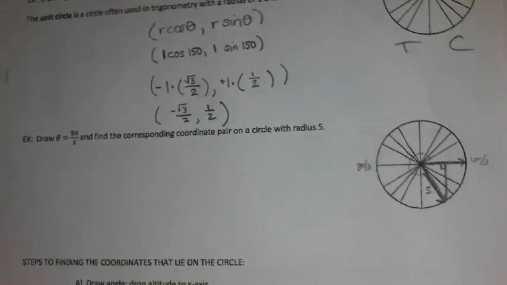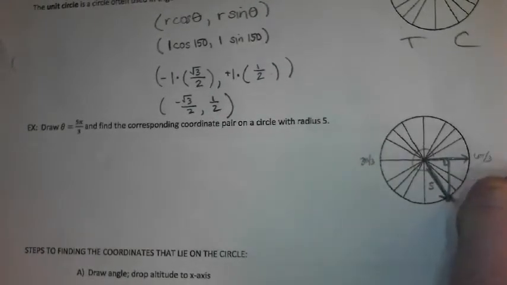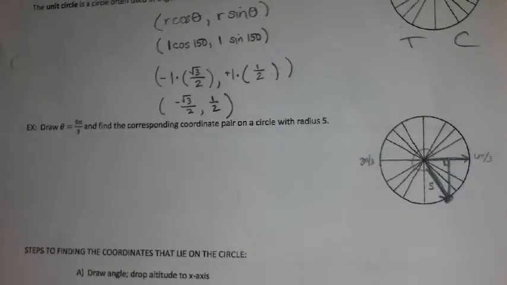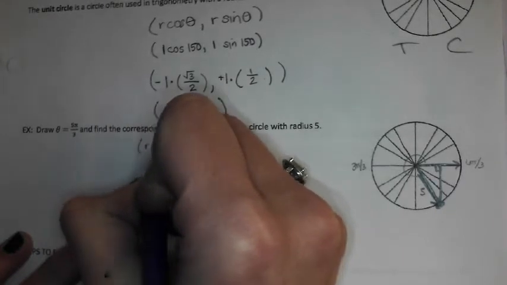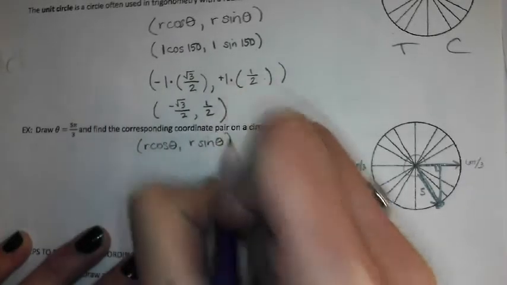So this is like a certain case where you think, well, they only give me one side of the triangle, so I cannot find the other two. And the truth is you can't find the other two with the Pythagorean theorem like we've been used to doing, but you can find the other two based on finding these coordinates of this point and then working backwards. So again, our x-coordinate is going to come from r cosine theta, our y-coordinate is going to come from r sine theta.